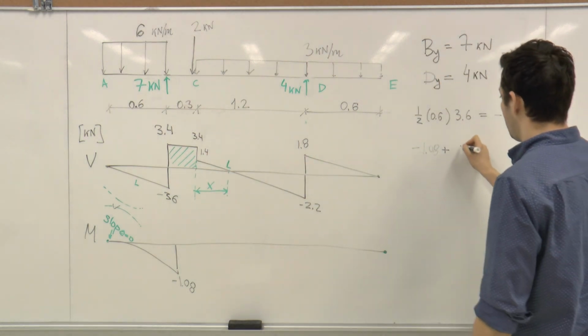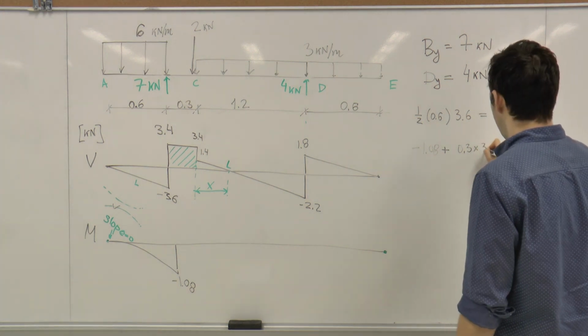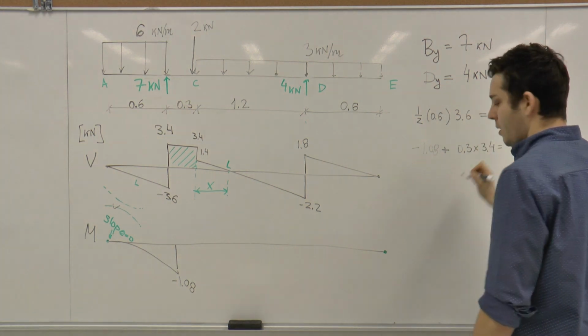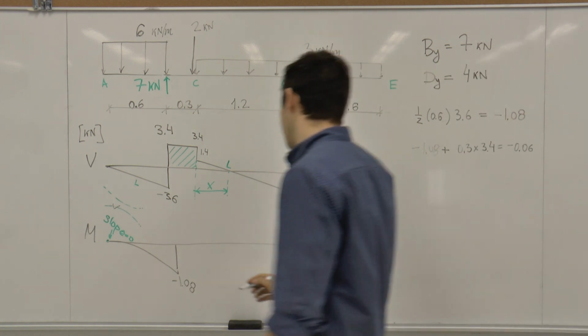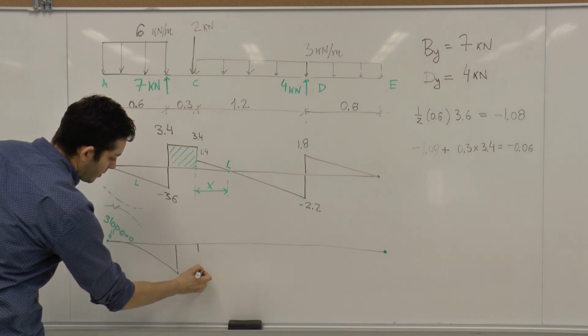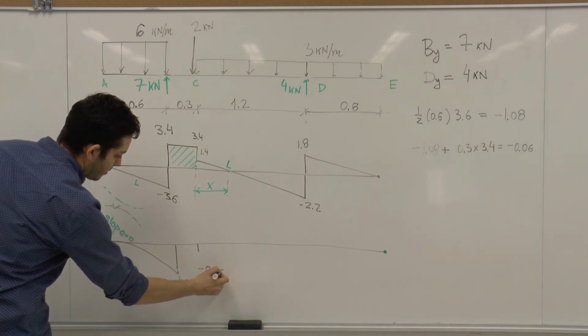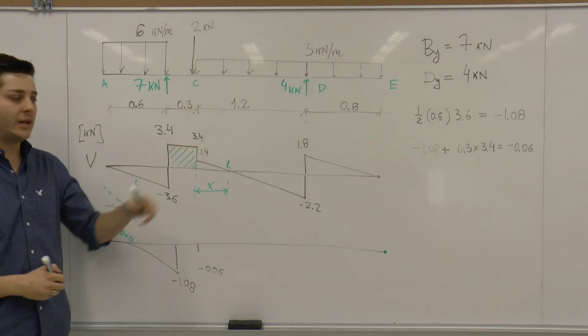So it's going to be 0.3 times 3.4. We'll get minus 0.06. So this is the value here, minus 0.06.